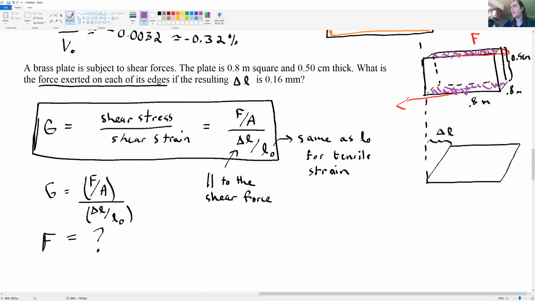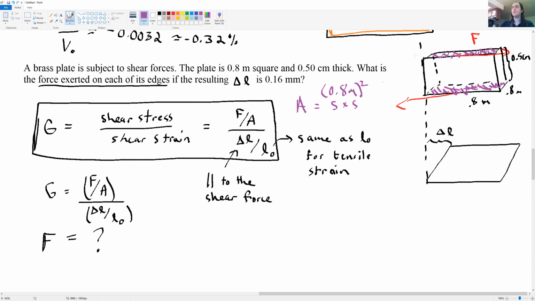That area is just given by the 0.8 meters squared. It's side times side, since it's a rectangle, but actually a square in this problem. So 0.8 meters squared for the area.